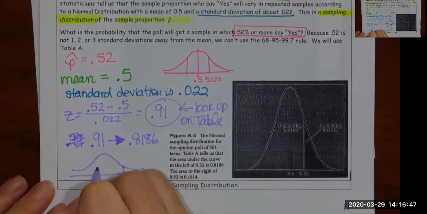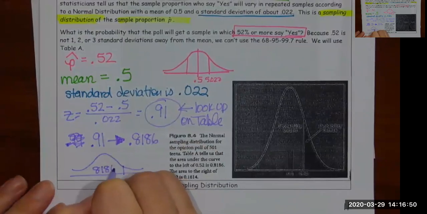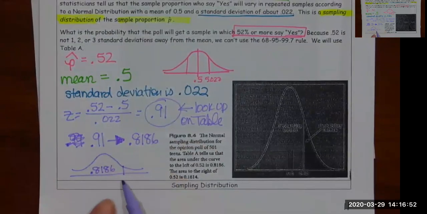That means 0.8186 falls to the left, which would be less than.